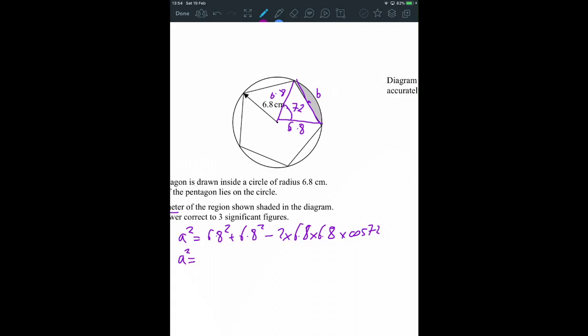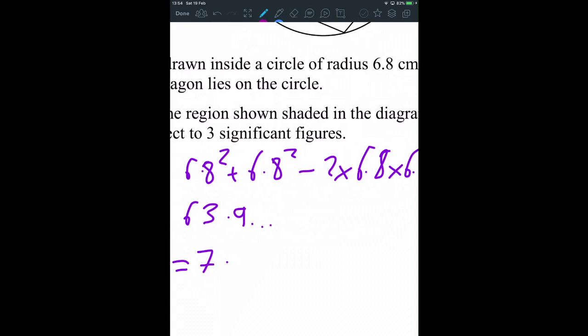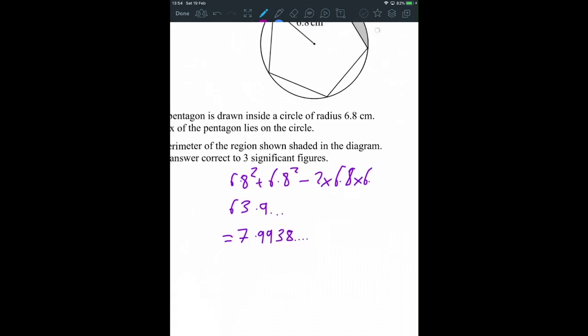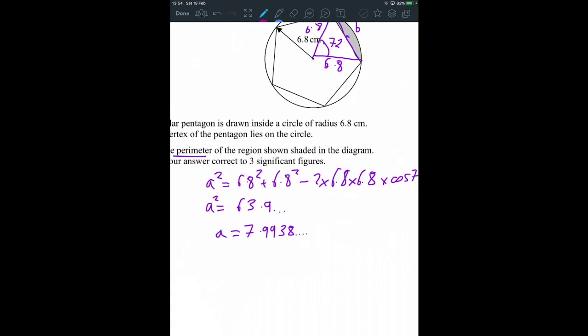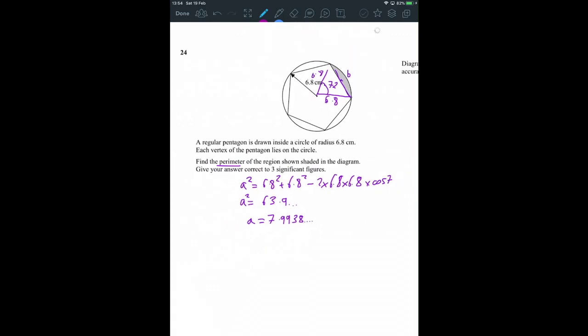Typing that into my calculator gives the squared side as 63.9, etc. And then the actual side is 7.9938, etc. Again, I'm putting that value down to more accuracy than my answer actually wants. The question wants 3 sig fig, so I'm going to use a few more decimal places. I don't need the entire calculator display.